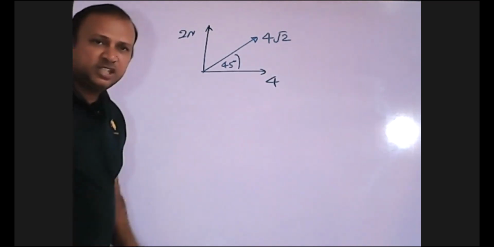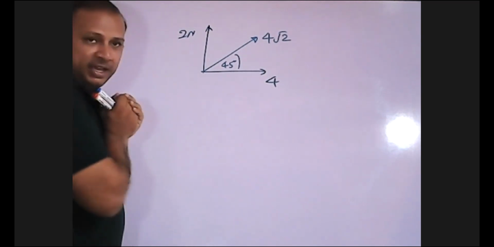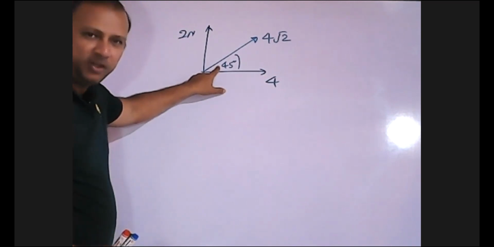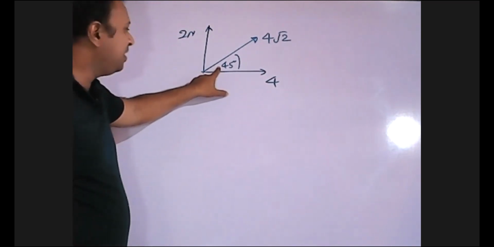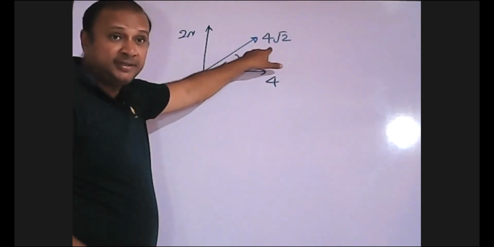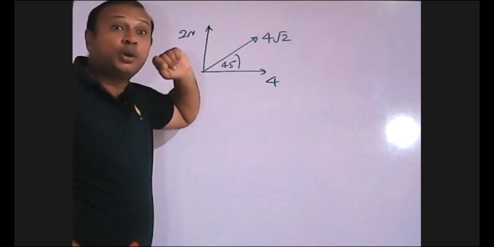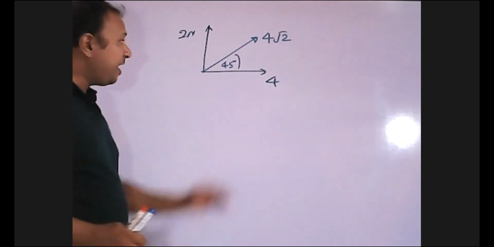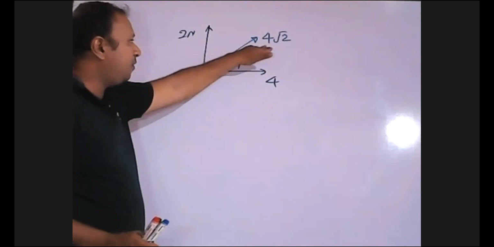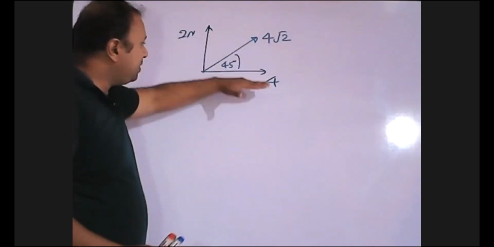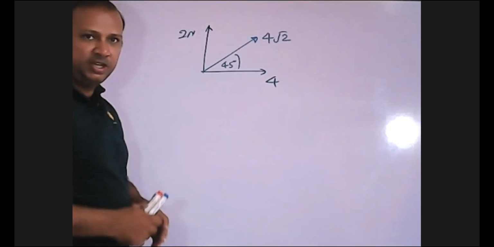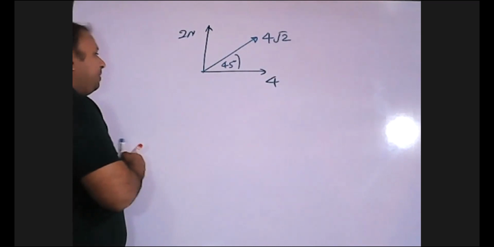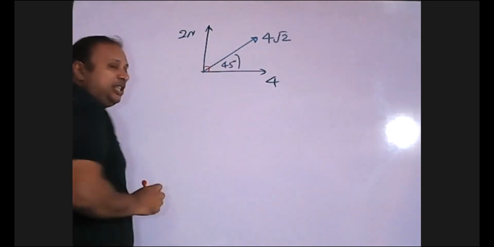By looking at this figure, you can clearly see there is an angle of 45, and the magnitude comes with root 2. So if I resolve this 4 into root 2 into two perpendicular directions, the root 2 will be cancelled out, because this angle is 45.